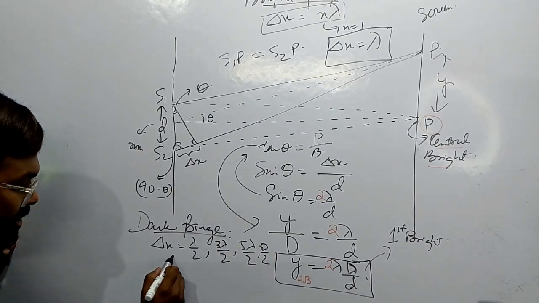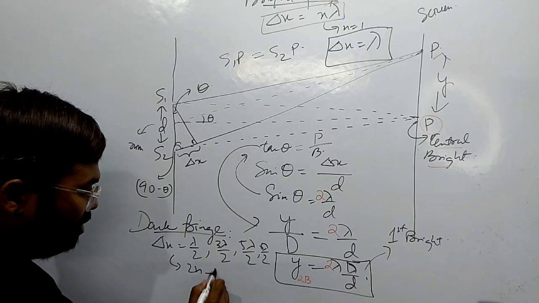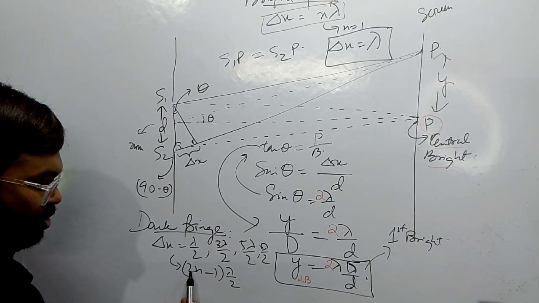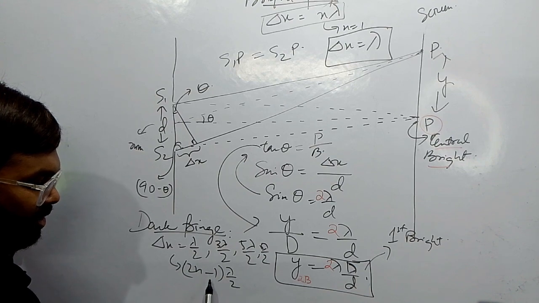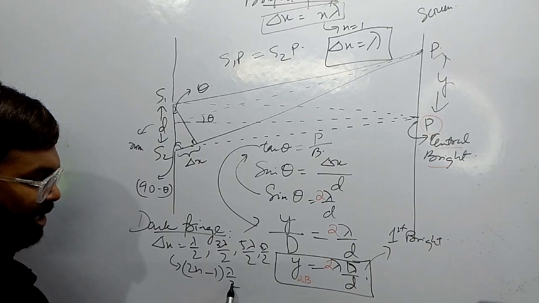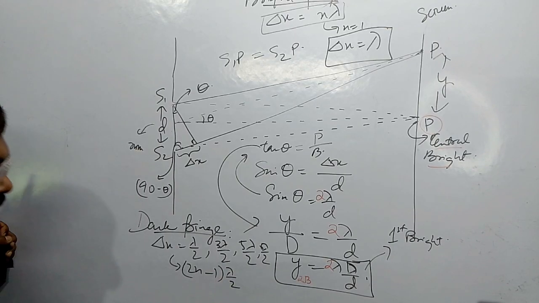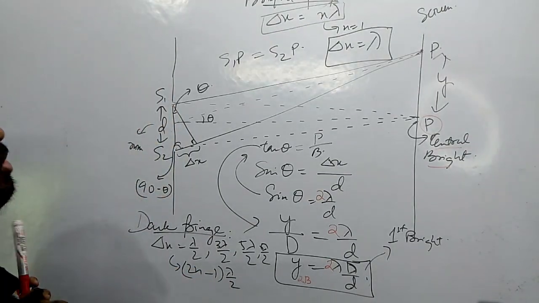Because the formula was 2n minus 1 lambda by 2. Put here n equal to 1, so 2 minus 1 is 1, lambda by 2. For n equal to 2, 4 minus 1 is 3, 3 lambda by 2. Got it now? n is 1, 2, 3, 4, this way. Clear? So now what you need to change? You need to change this one.